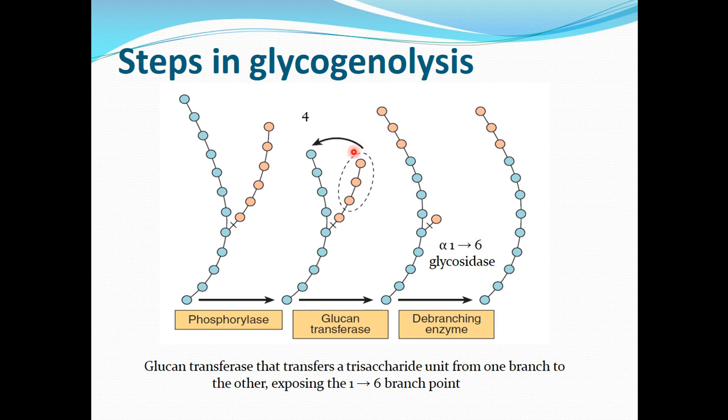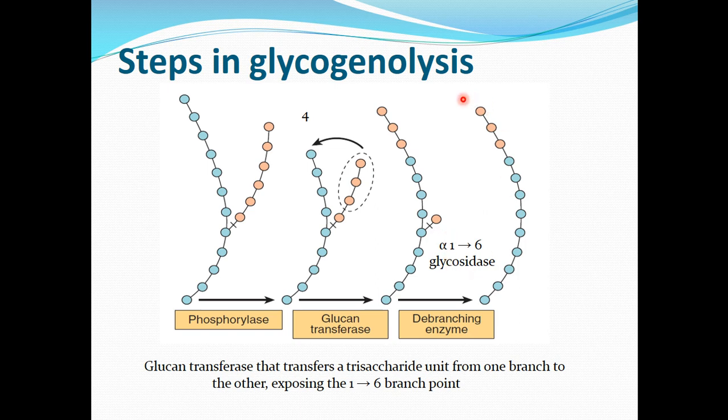I just repeat, the trisaccharide is transferred to the adjacent chain, and in this way the alpha 1,6 is exposed, and now alpha 1,6 glycosidase acts on it and causes the hydrolysis of the alpha 1,6 glycosidic bond to liberate the free glucose.